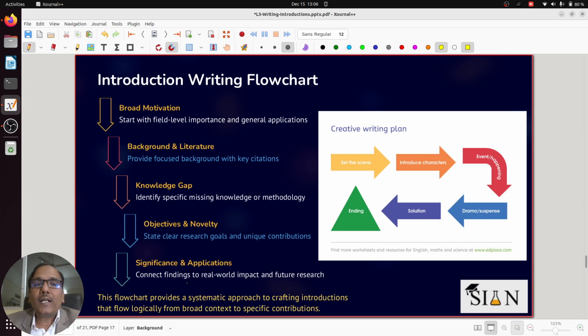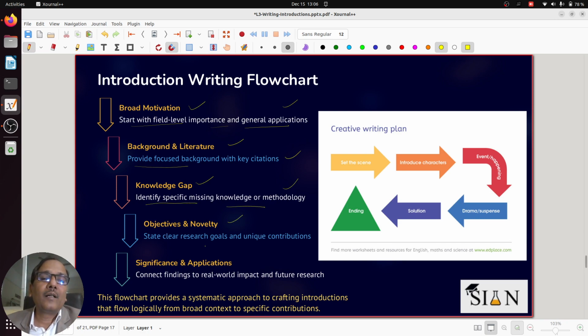Now the flow chart for introduction writing. First we must start with the broad motivation: start with field-level importance and general application. Then background and literature: provide focused background with key citations. Then the knowledge gap: identify specific missing knowledge and methodology.